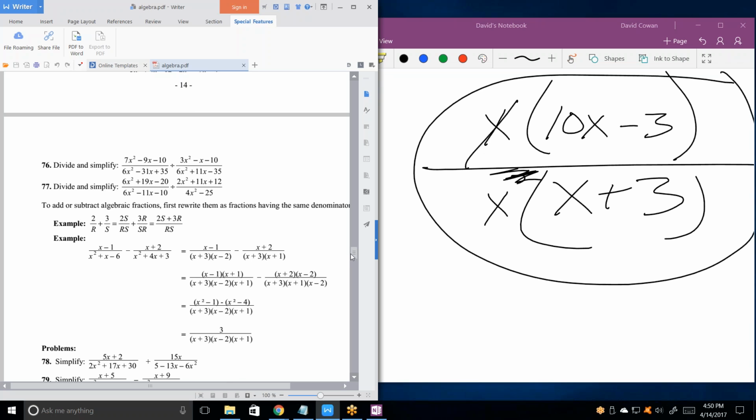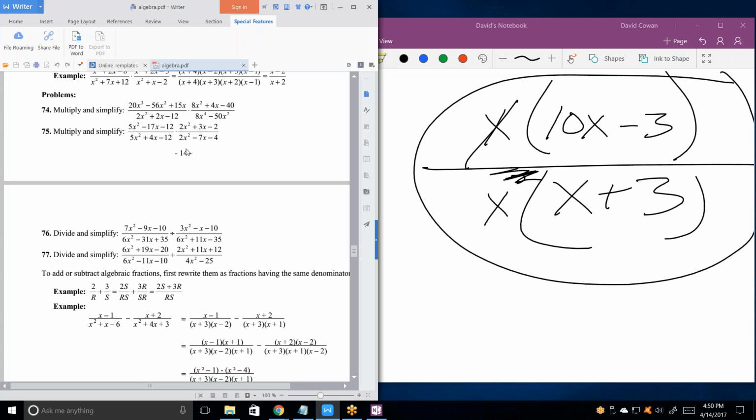So, I don't know what to say. I'm looking at a problem here, 74, where I can tell there's at least 6 steps involved. And a lot of factoring, a lot of dividing out greatest common factor. So there are a ton of places to make mistakes.